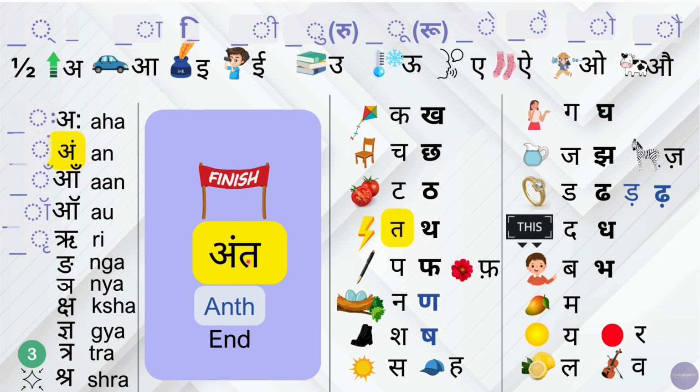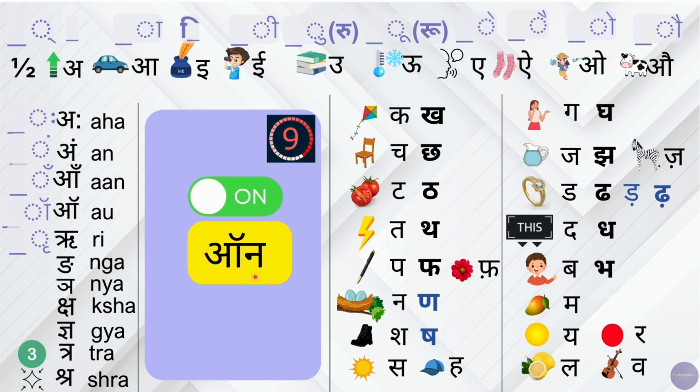It makes the word sound as ant. Aw plus nest n makes the sound on. On. Next word.